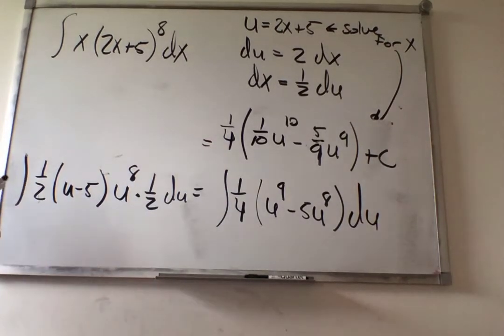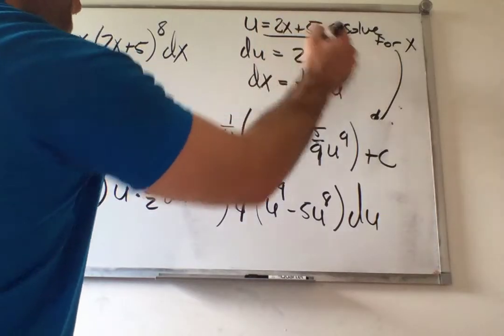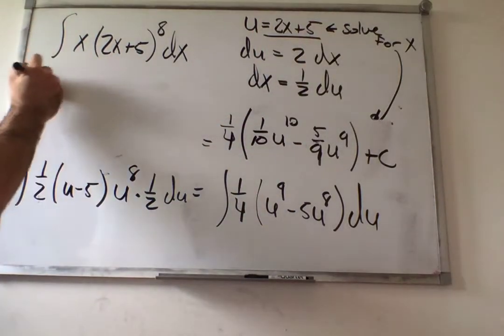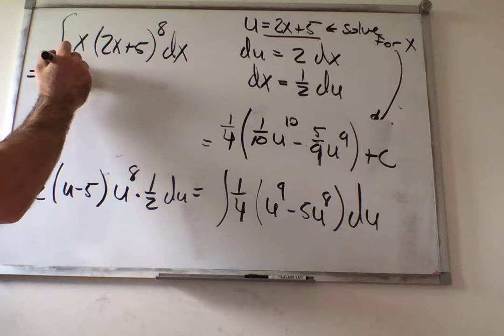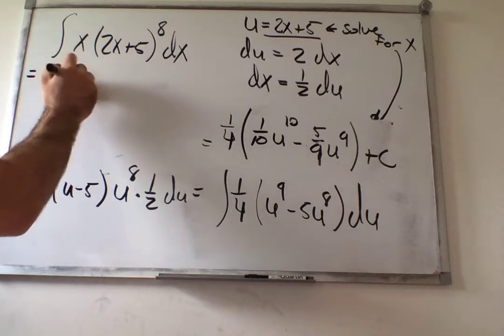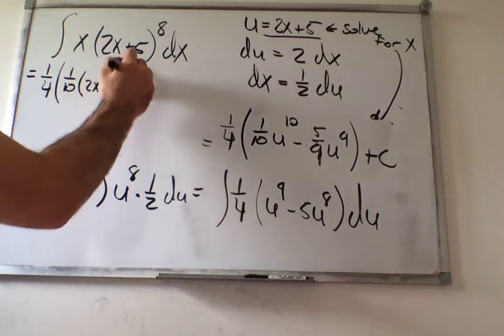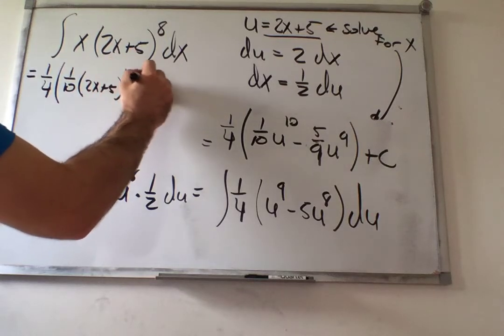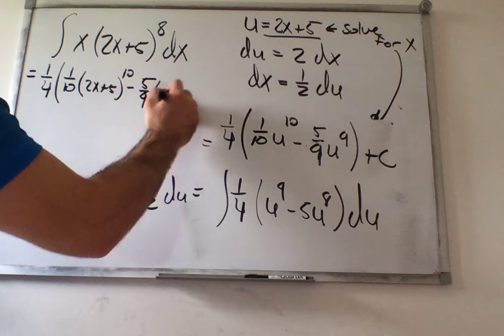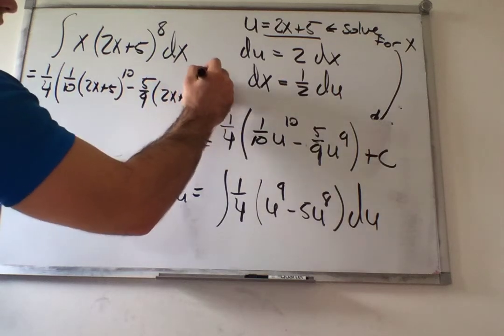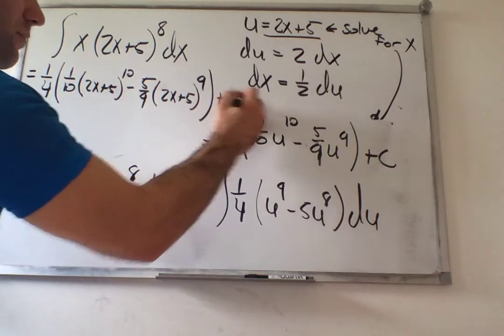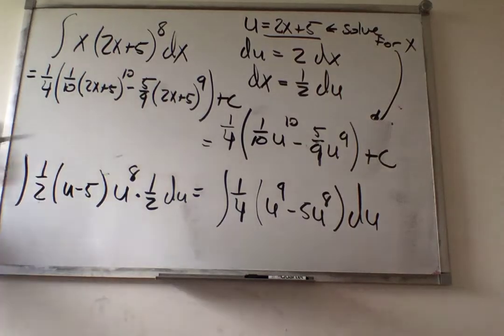So now all we have to do is take our u and plug it back in. So we get a final answer of 1/4 times (1/10 (2x plus 5) to the 10th minus 5 over 9 (2x plus 5) to the 9th) plus c. Let me erase some stuff.